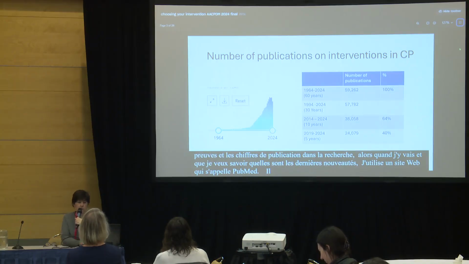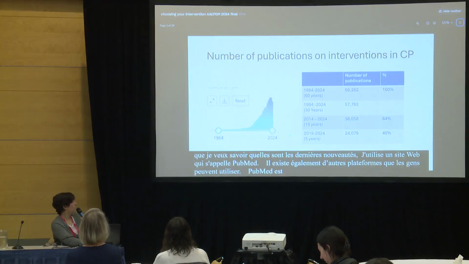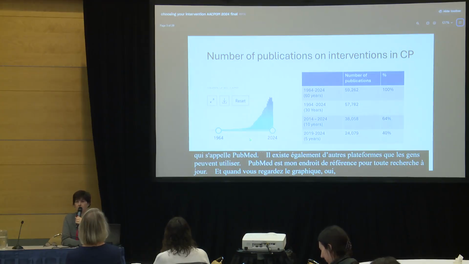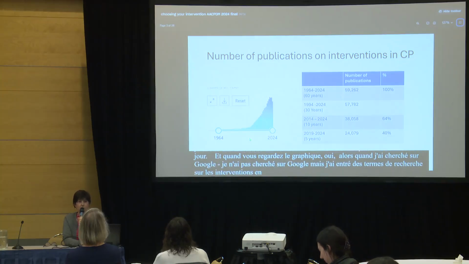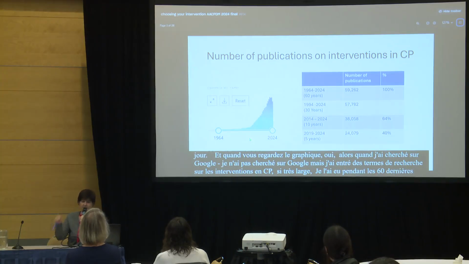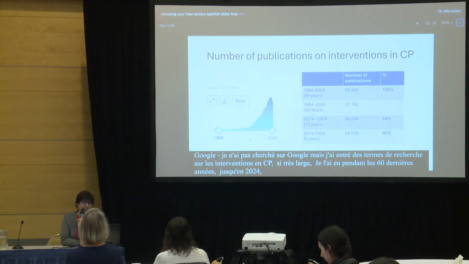And when you look at the graph here, when I entered search terms of interventions in CP, so very broad, I got for the last 60 years, 1964 to 2024, a total of 59,262 publications.